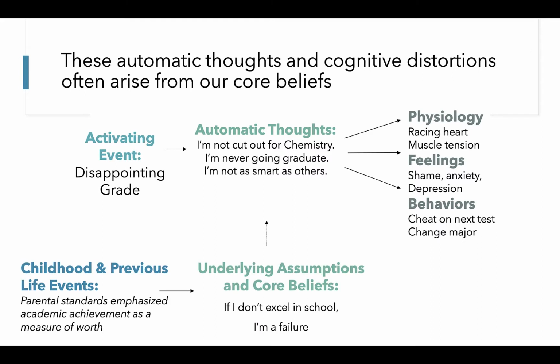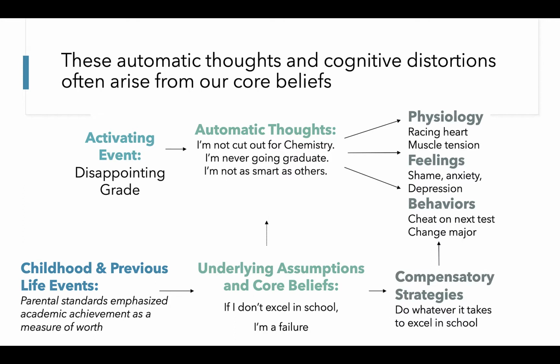This chain of events may have come from that individual's childhood experiences and previous life events. Perhaps their parents were very focused on their academic achievement. They had strict standards that emphasized that academic achievement was a measure of worth. That may have led this individual to develop these underlying assumptions and core beliefs that if they don't excel in school, they're a failure, that getting good grades and graduating from college should be their main life goal that they can't deviate from.